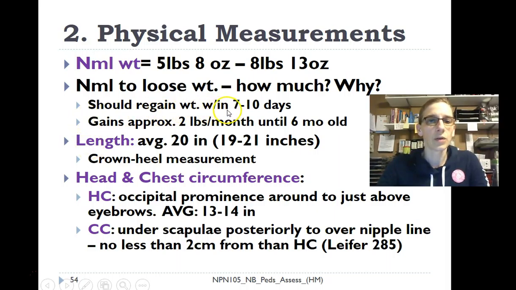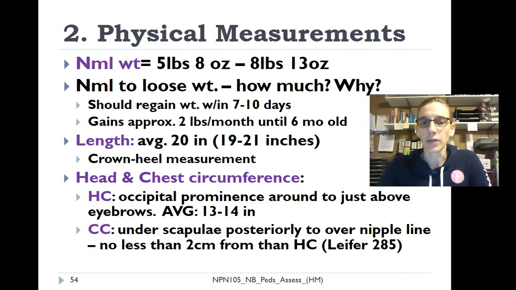Whatever they lose initially, this initial weight loss, which should be less than 10% of their birth weight, they usually will regain within 7 to 10 days. That's when they really start picking up on how to eat. If they're breastfeeding in particular, that's when the mom's milk comes in and they start really being satisfied and eating better. Now, the baby will gain approximately 2 pounds per month until they're 6 months old.